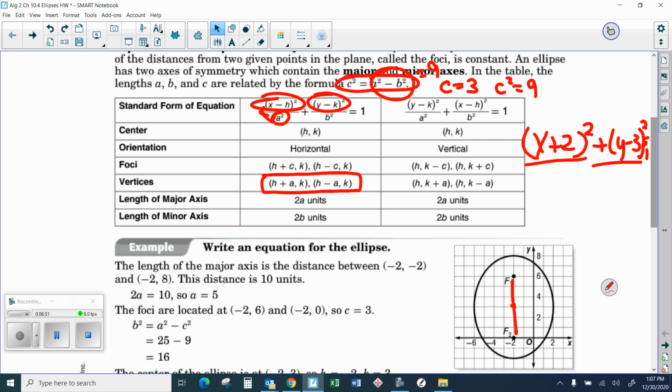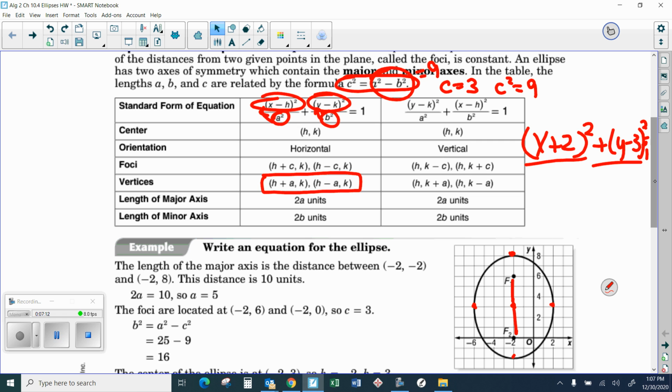So this is right underneath the x, and you go out the square root of b squared, which is b, in the y direction, up and down. And then you get 4 points. These are called the vertices. So these are the 4 vertices right here.